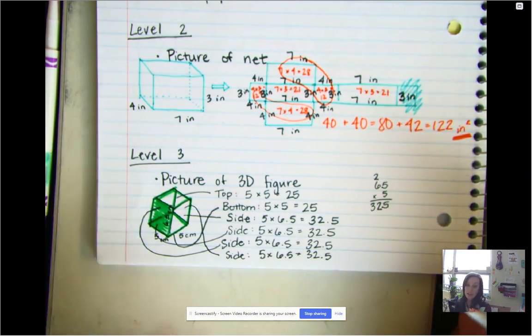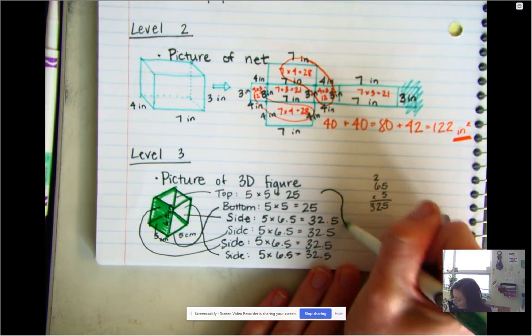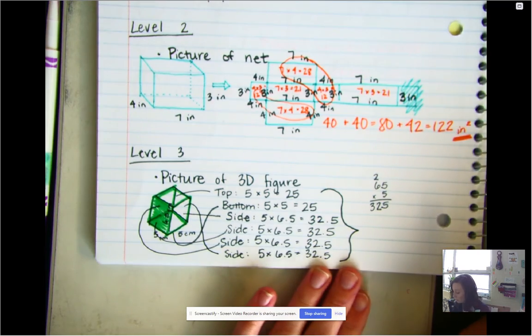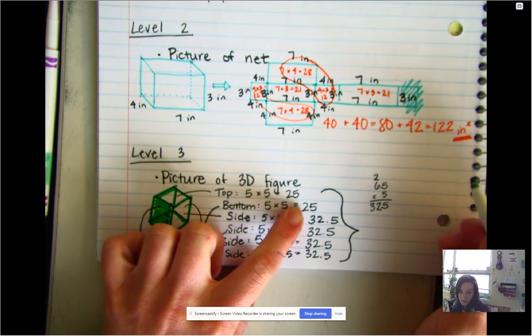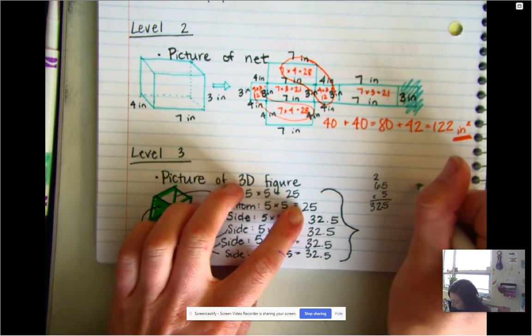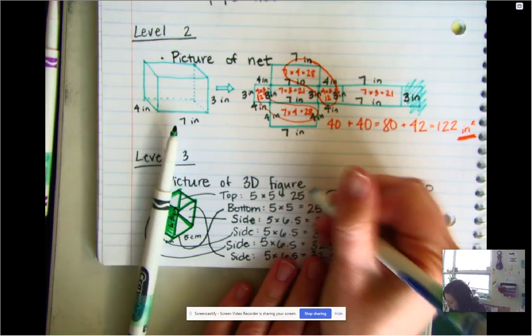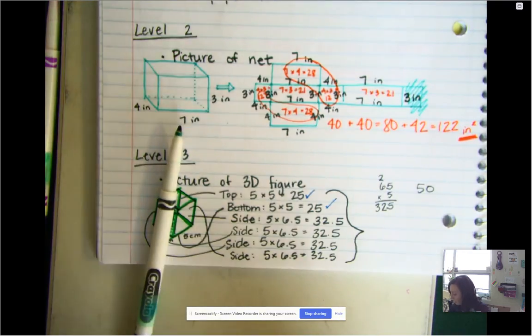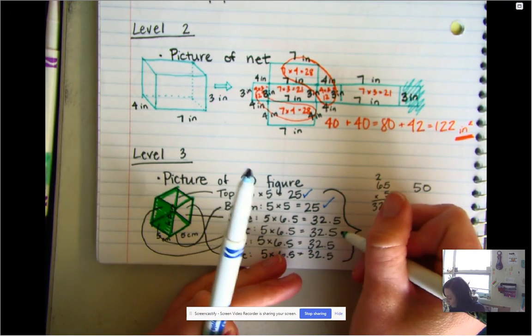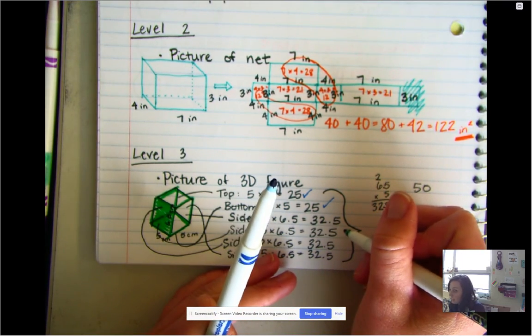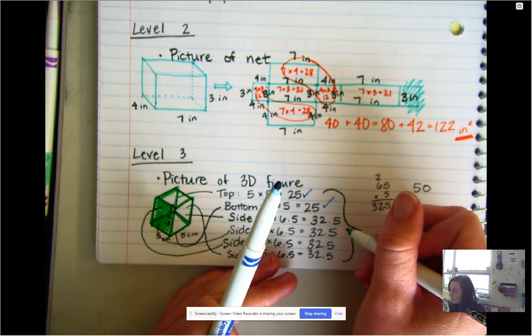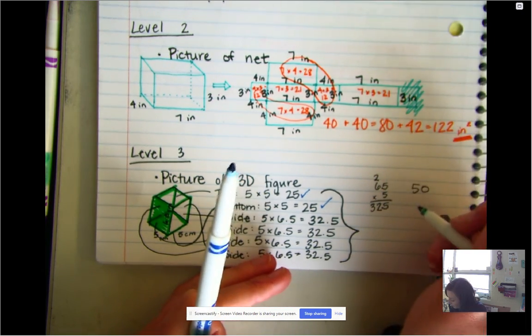Now, just like all the other times, we have to add all these up. So I know that 25 plus 25 is 50. I'm going to put a check mark so I know I've done those. I know that 32.5 plus 32.5, well, 30 plus 30 is 60, and 2.5 plus 2.5 is 5, so that'll be 65.